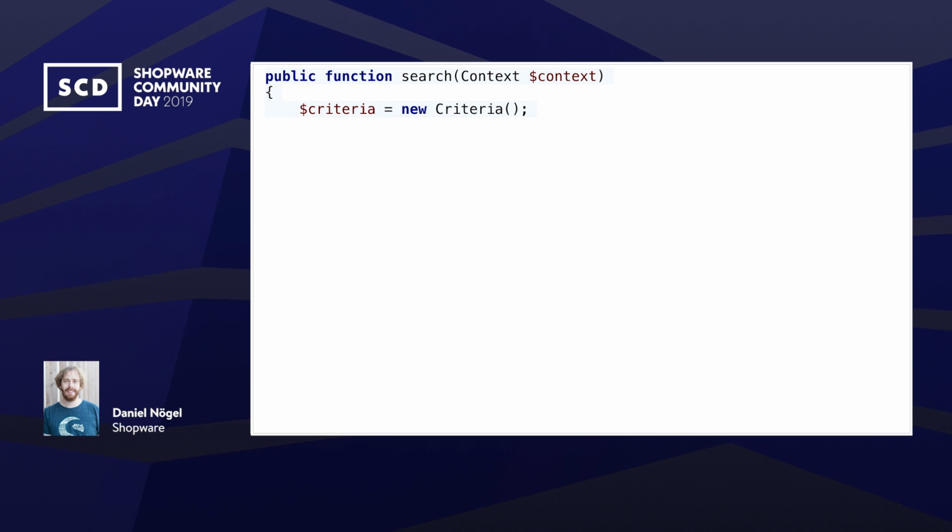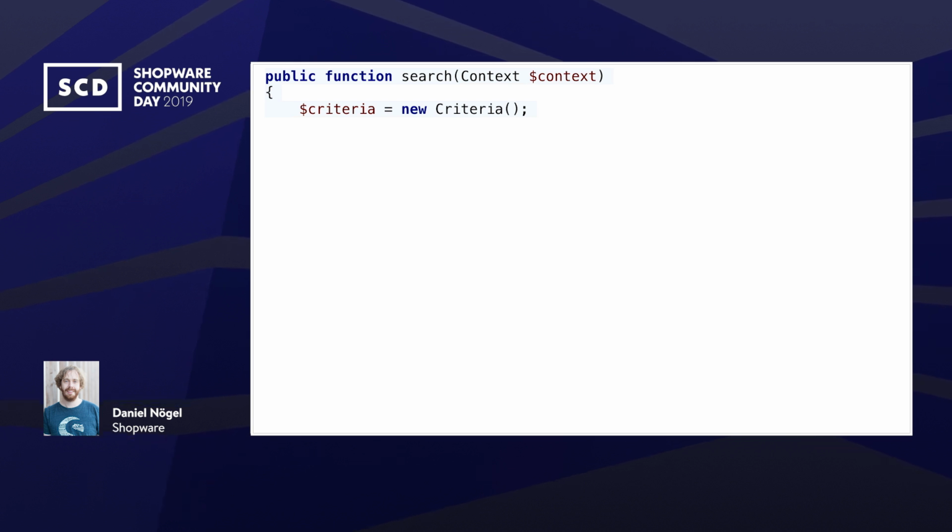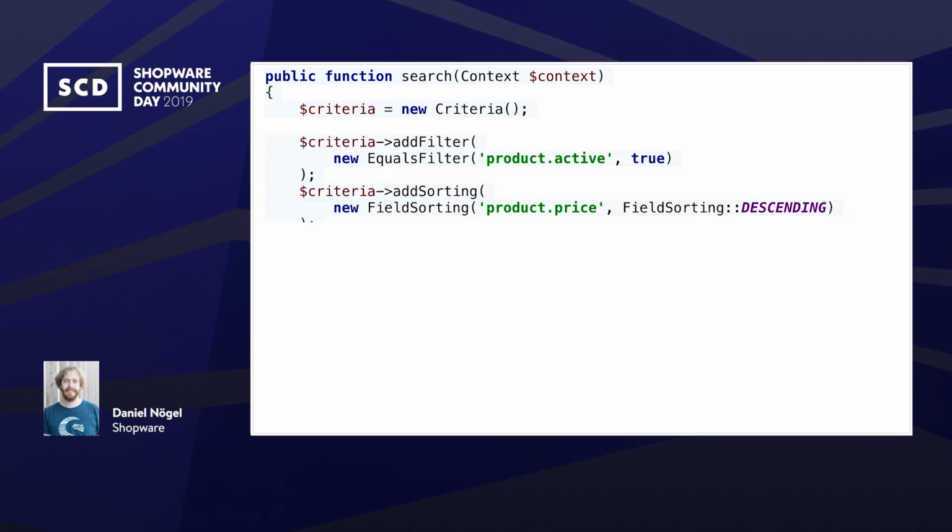And of course, you want to use it somehow. So let's have a look at searches. In this case, I create a criteria object first. And again, this is something you already know from Shopware 5. So I'm creating a criteria object, and then I can add filters to it. I can tell it that I only want to have active products, and that I want to sort the products by price, for example. Now you need to tell it that you also want to have your bundle association.